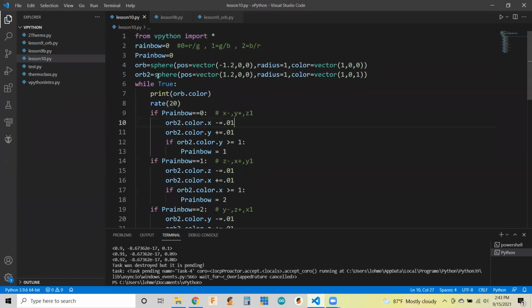Like I said, up here, I just created a second orb, and I wanted to compare them. So I put one orb at the minus 1.2x and one at the 1.2x, so they'd be next to each other.